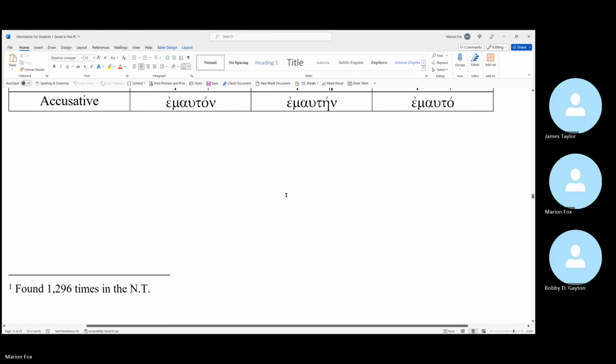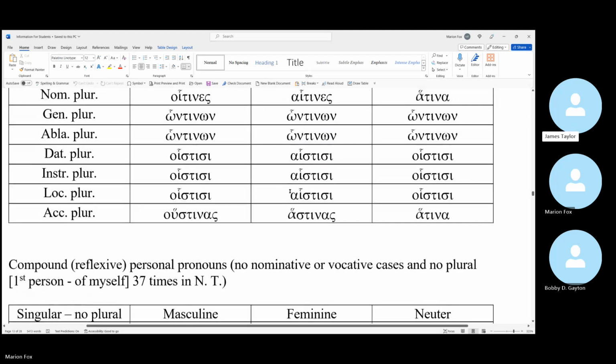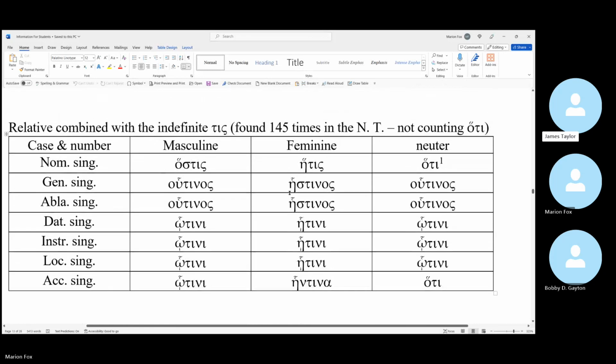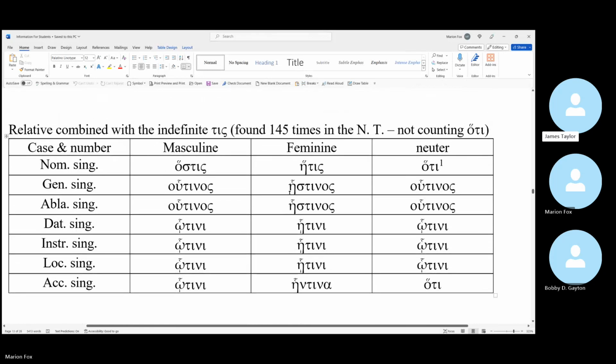Okay, and I noticed a comment up there on the table. Relative combined with the indefinite tis. So the comment is not because it's necessarily with tis, but it's found 145 times with tis.